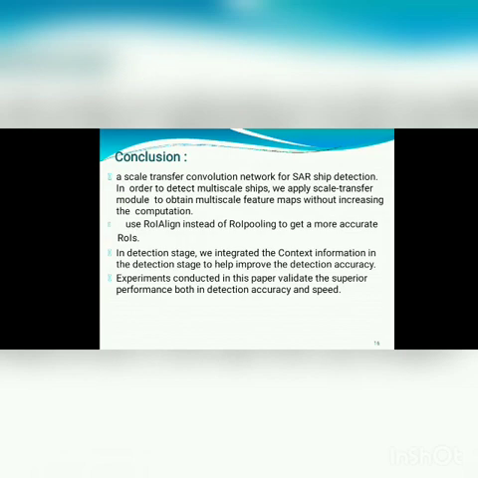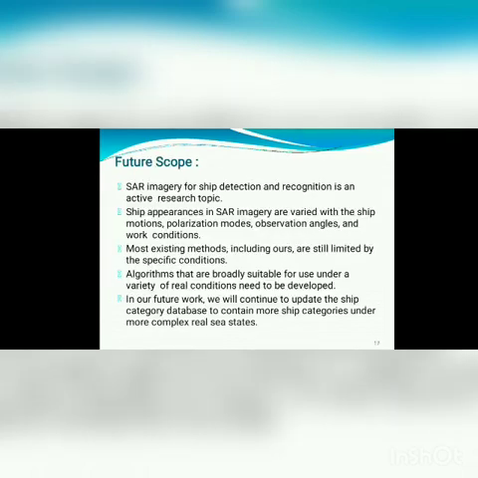The future scope of image processing in ship detection is given below. SAR imagery for ship detection and recognition is an active research topic. The ship appearance in SAR imagery varies with the ship motion, polarization mode, observation angle, and sea condition.